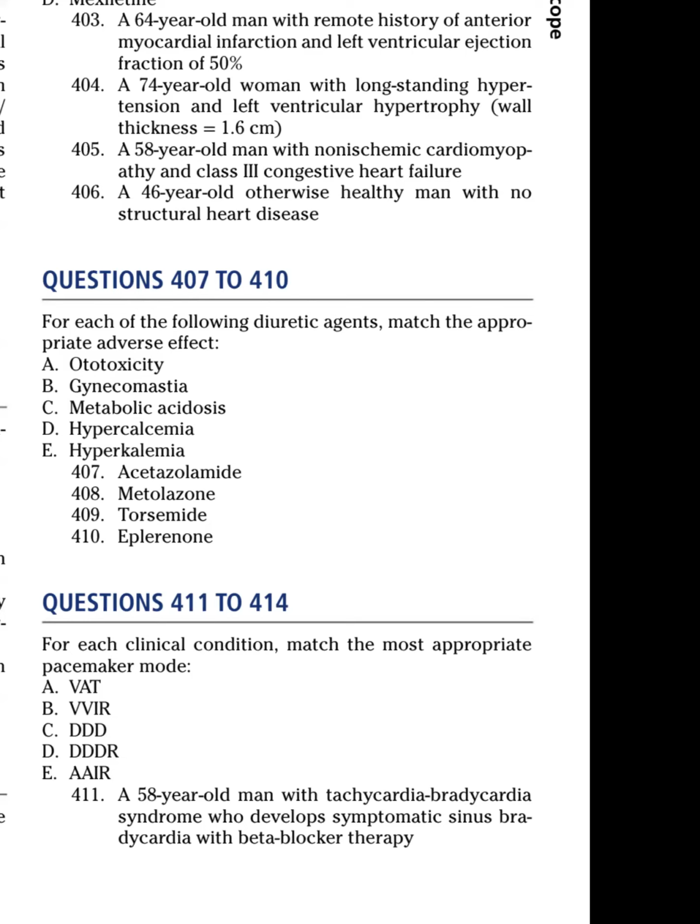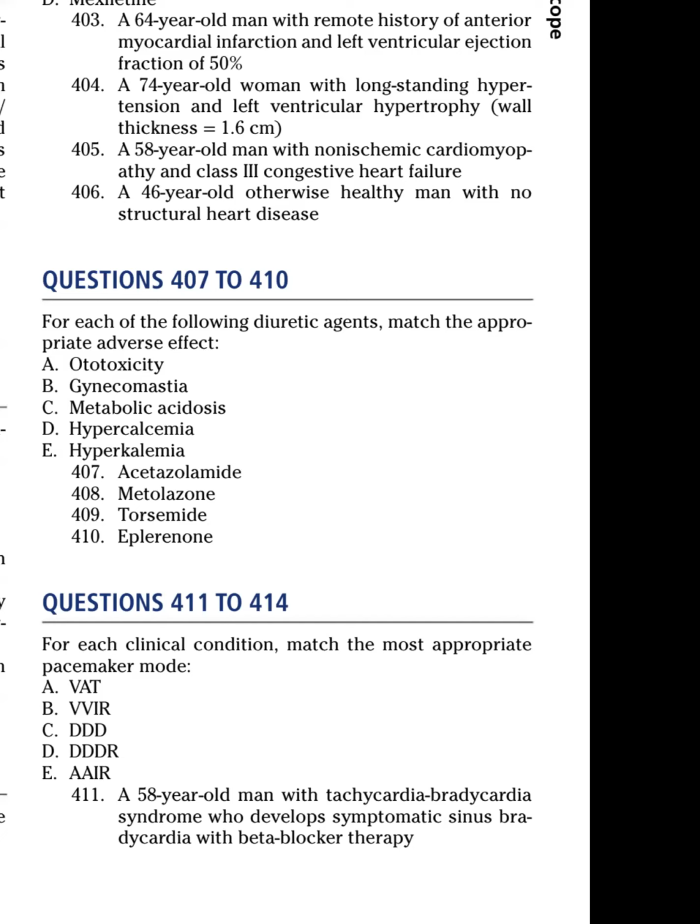Then for 409, which is torsemide, that inhibits the sodium potassium chloride cotransporter in the thick ascending limb of Henle. Let me leave that one for now. For 410, that's eplerenone.